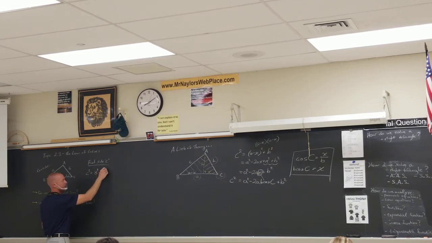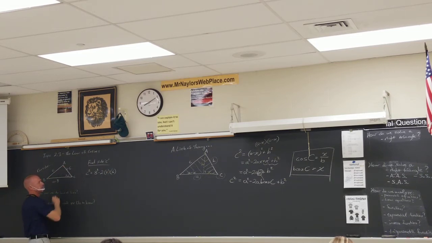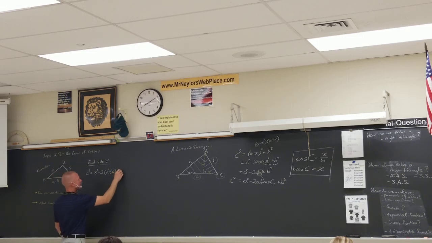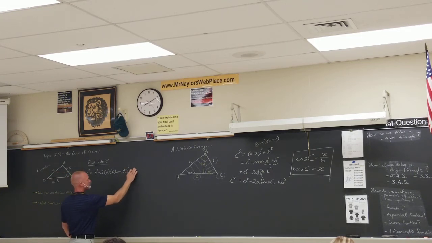Then you plug in 2 times A, so 2 times 8, times B, which for this problem is 6, times the cosine of 52. And then you do B squared, which should be plus 6 squared.